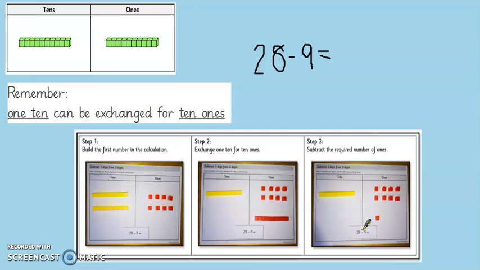Then I can take away 9 1s. And I am left with this number. What's the answer? Well, I've got 1 10 and 1 2 3 4 5 6 7 8 9 1s. That means that 28 subtract 9 is equal to 19.